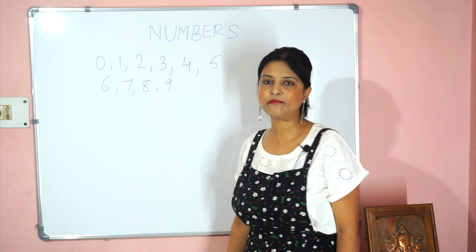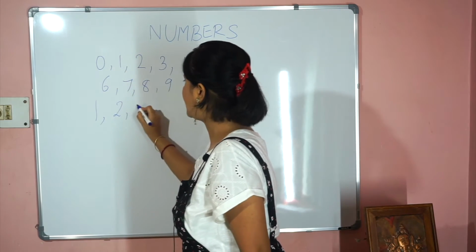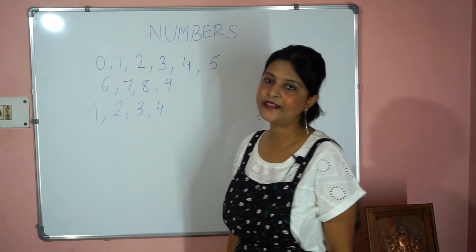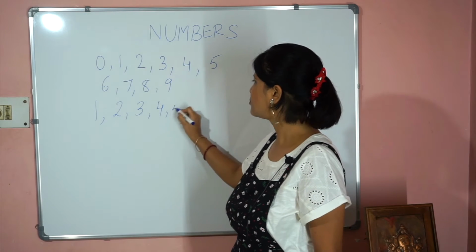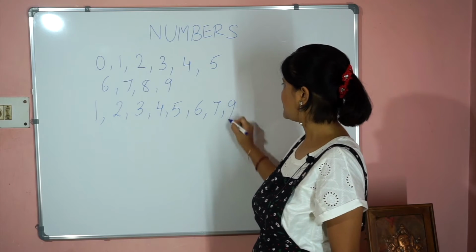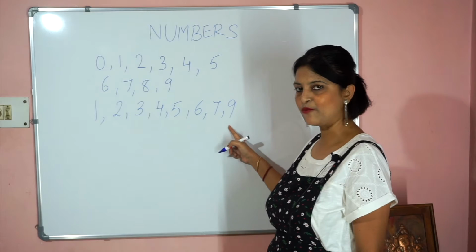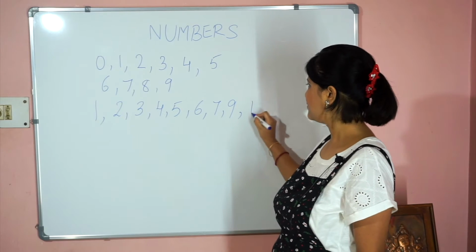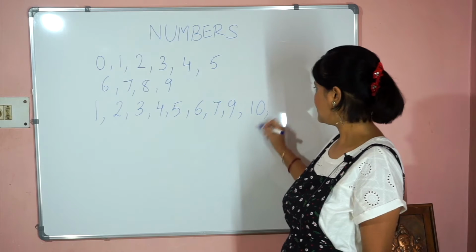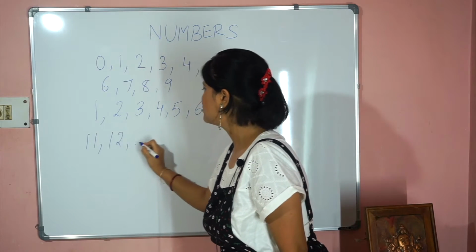But when we talk of numbers, we begin from 1 and when we write, we find that there is no end to writing of numbers, right? So these are all the single digit numbers starting from 1 to 9, and then we deal with 2 digit numbers 10, 11, 12 and so on.